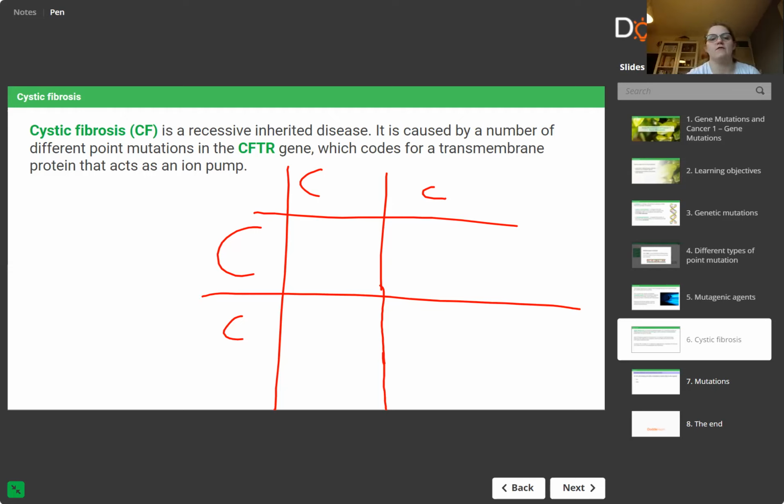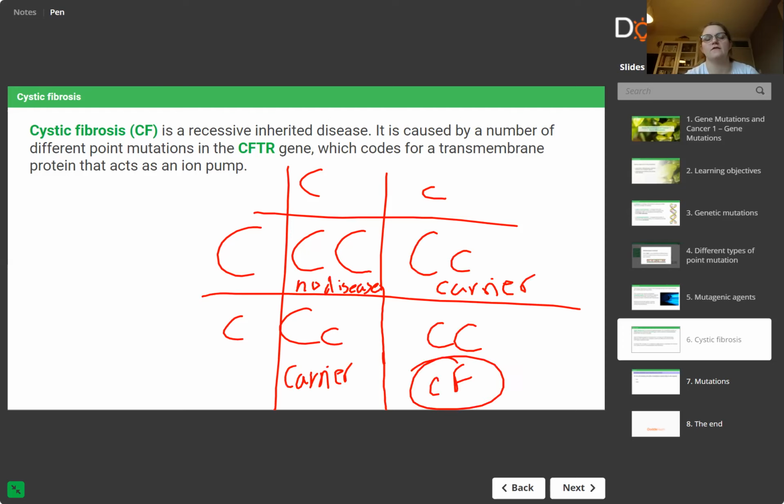But you could be a carrier yourself. If you get both of the dominant alleles, you'll be homozygous without it. Here you're going to be heterozygous, so you're going to be a carrier, and that'll be no disease. Here you're going to be heterozygous and a carrier, and then here you would have cystic fibrosis. So you've got a 1 in 4 chance.